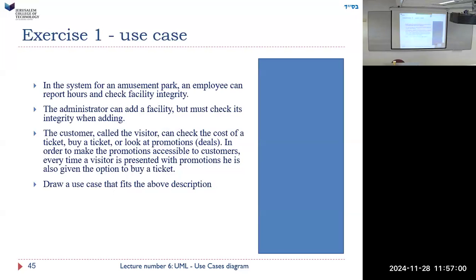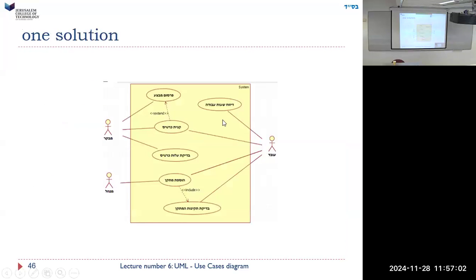So here you see a worker, a manager, one solution. If you assume it's like publicizing discounts, deals, buying a card.